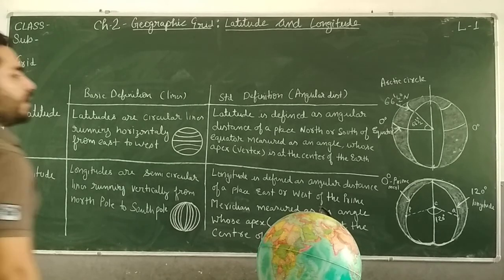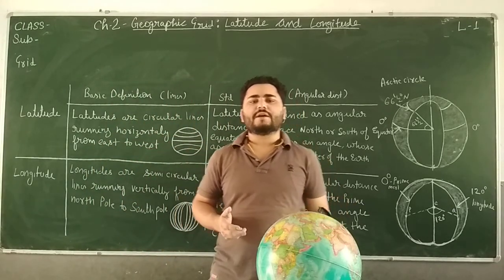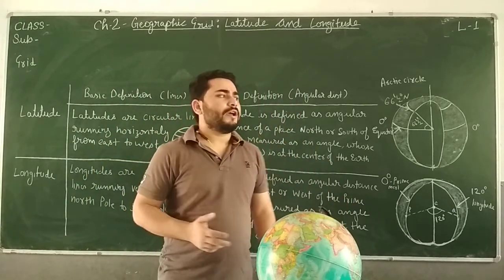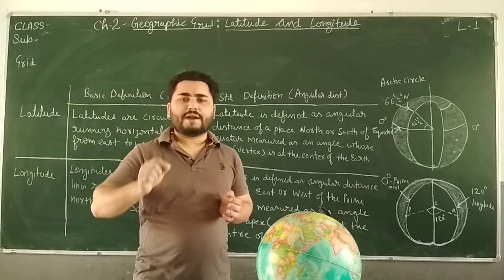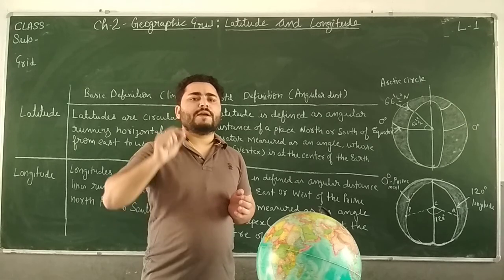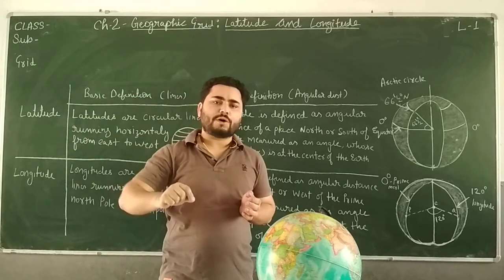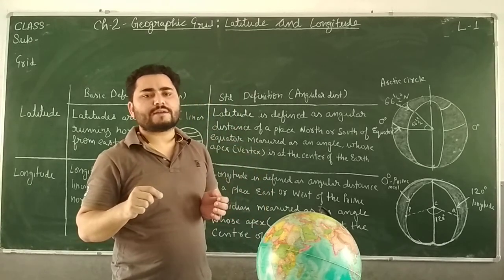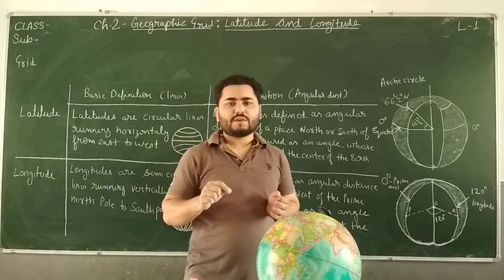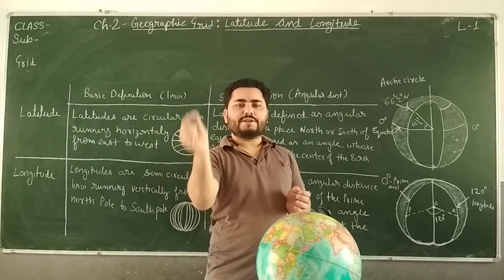Grid is any network of lines, horizontal or vertical, and any such network is called a grid. So here, what is a geographic grid? A geographic grid is a network formed by lines which run vertically from the north pole to the south pole, called longitudes, and the lines which run from east to west horizontally in a circular manner.